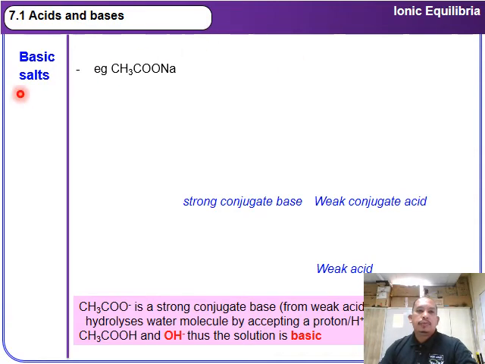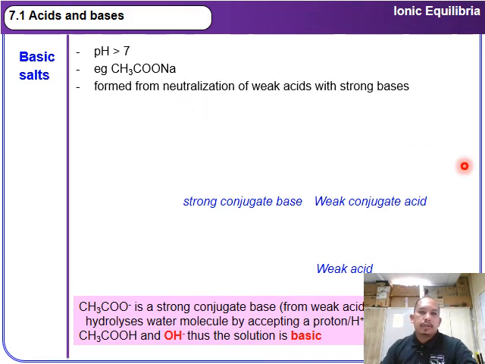Now we come to show the basic salt solution. Here is an example, CH3COONa, sodium acetate solution. In this sodium acetate solution, the pH is more than 7. It forms from the neutralization of a weak acid and a strong base.